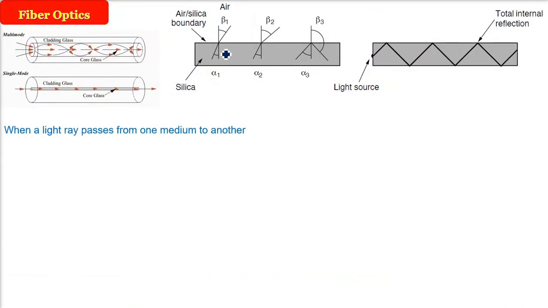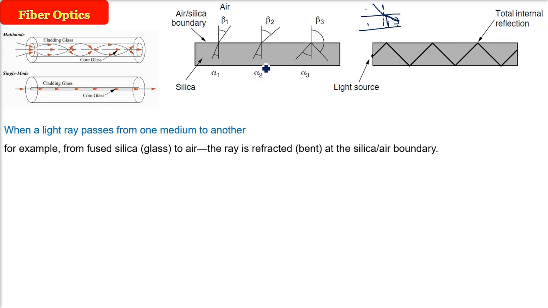Now coming to the physics of fiber optics. Whenever a light ray passes from one medium to another, there will be certain refraction. Refraction means light will bend depending upon the refractive index or the properties of the two mediums. So it can go away from the perpendicular line of the surface, or it can come near that perpendicular line. Let us take an example of silica, which is glass, with air as the outer area.